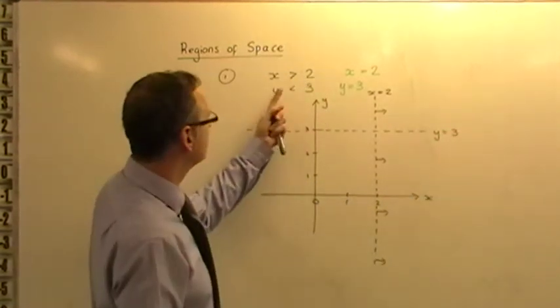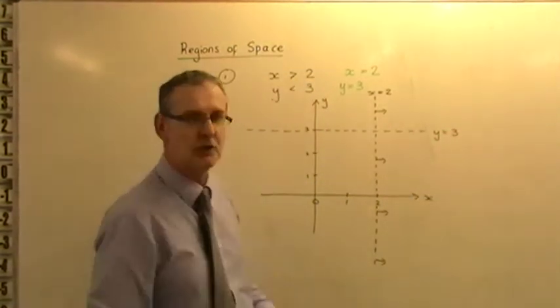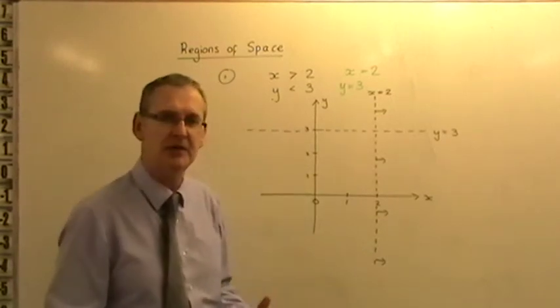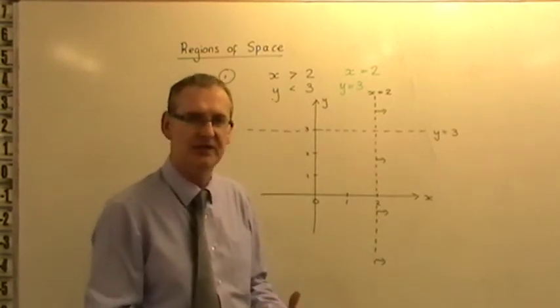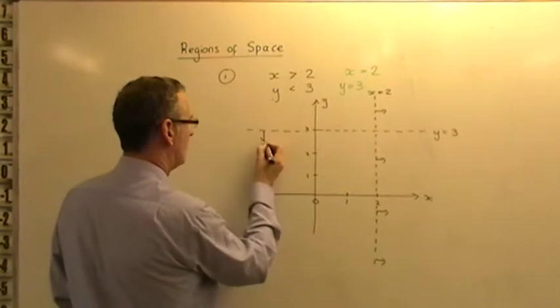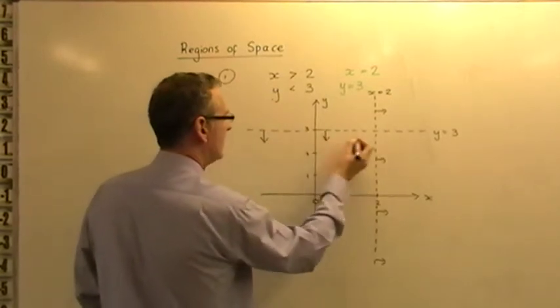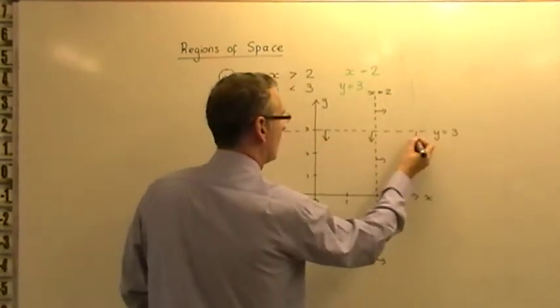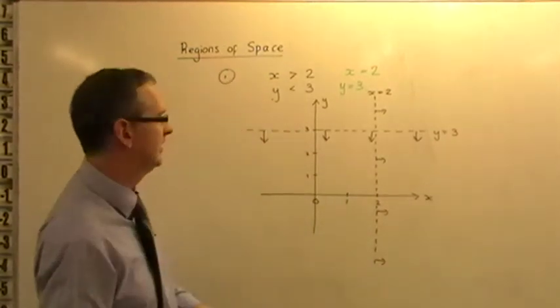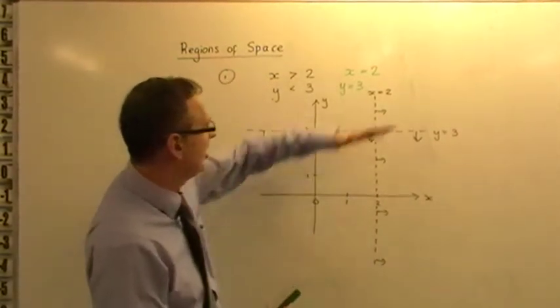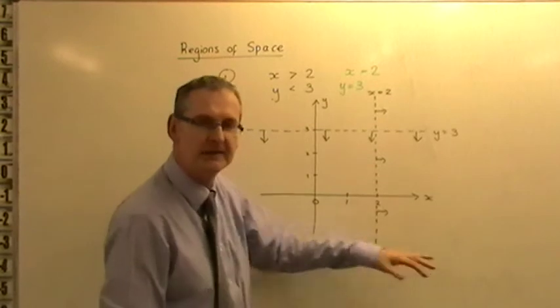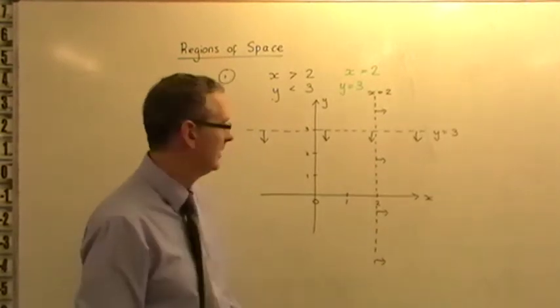Now y needs to be less than 3, so I need to show all the places in the picture with y values less than 3. So I will draw arrows going down like so across the length of that line. Any point underneath that will have y values which are less than 3.